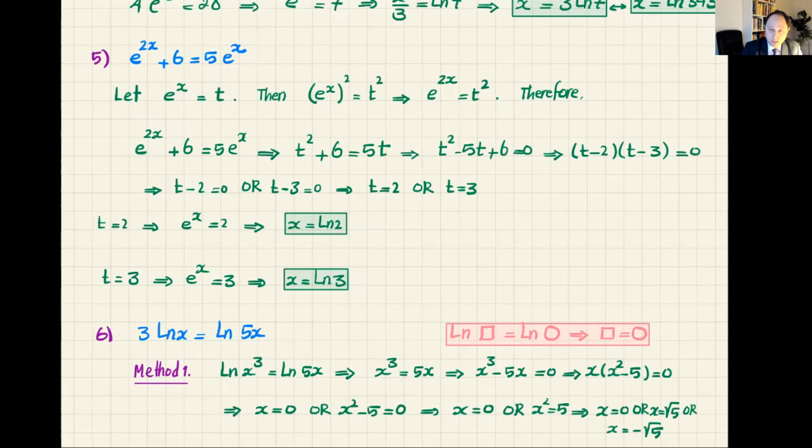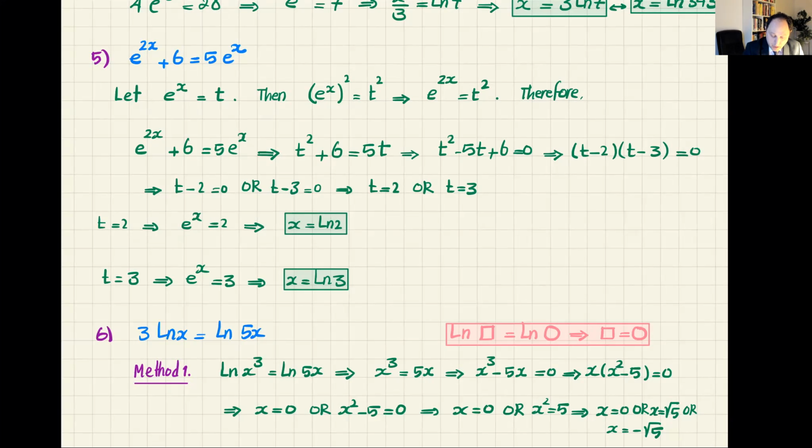But if you stop here, that is not the complete solution of this problem. Do you think that all of these are acceptable? Clearly not, because 0 is not acceptable. In front of every ln, there should be a positive number. 0 is not positive.